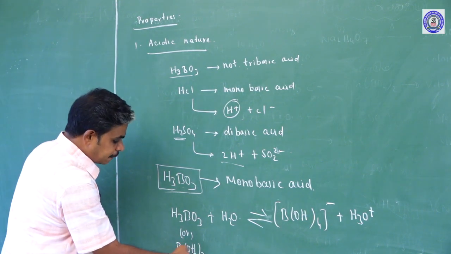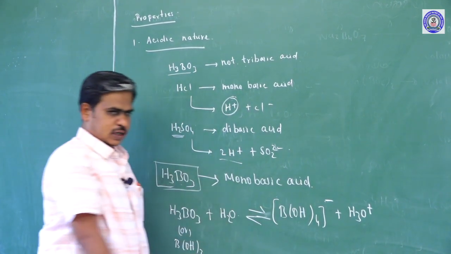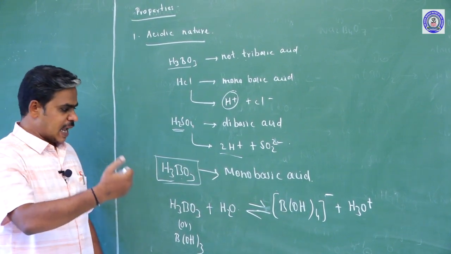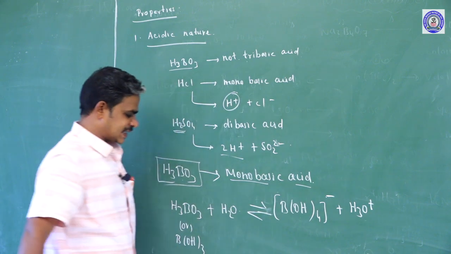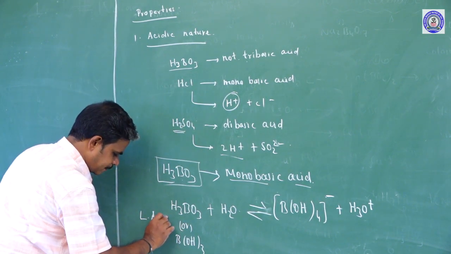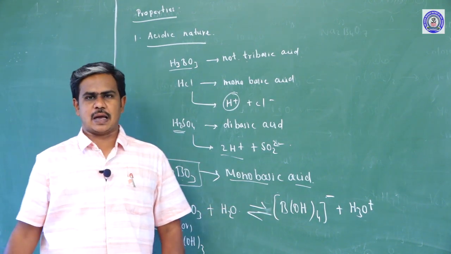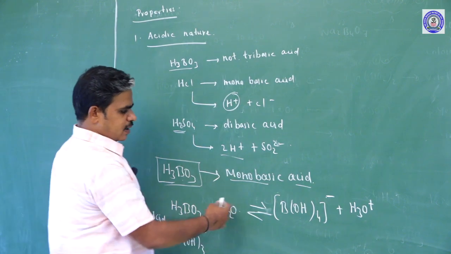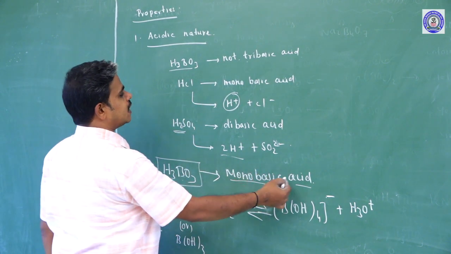So, by accepting hydroxyl ion, here 3 OH and 4 OH, it will act as a monobasic acid. Particularly it is a Lewis acid, because it accepts an electron pair from hydroxide ion, so that it is a Lewis monobasic acid.